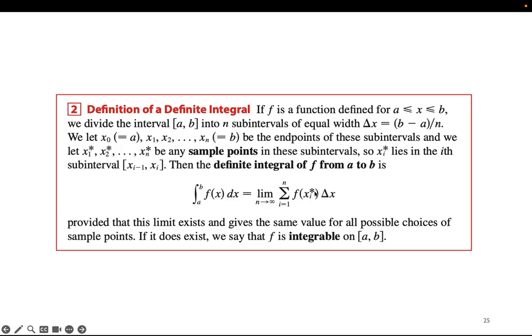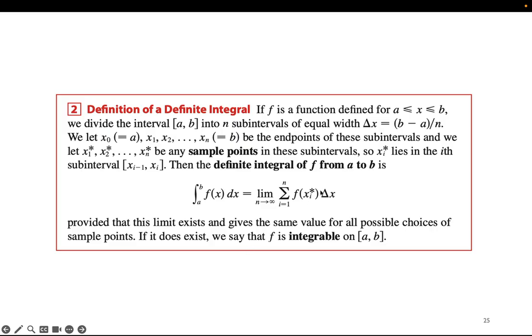I find the area of n rectangles, which is an approximation to the area. I take the limit, and if that limit exists, that number, which is the area under the curve, is exactly the definite integral. In other words, the definite integral from a to b of this function, by definition, is exactly the area under the curve, under the function along the x-axis.